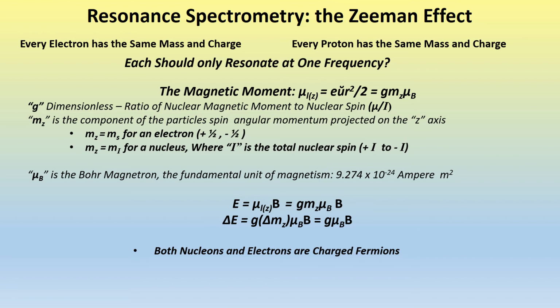Therefore, since both nucleons and electrons are charged fermions, and both spin and produce a magnetic field, they are not only influenced by the external magnetic field, but they influence each other and therefore change resonance frequencies very slightly to produce a spectrum.